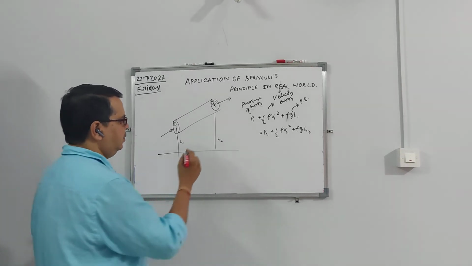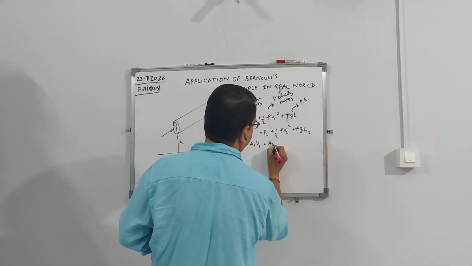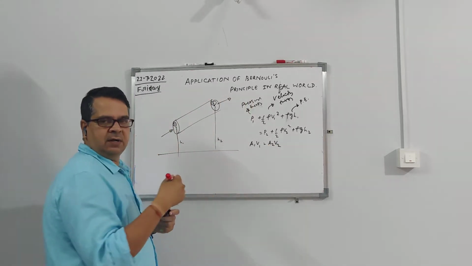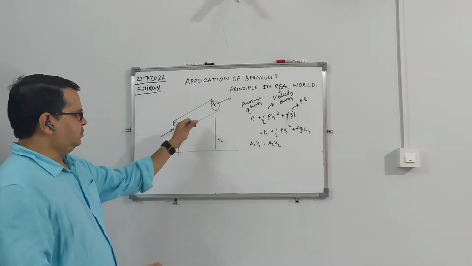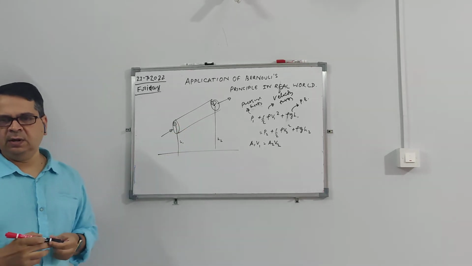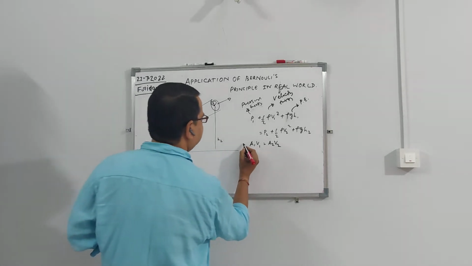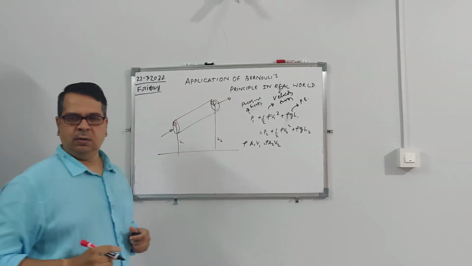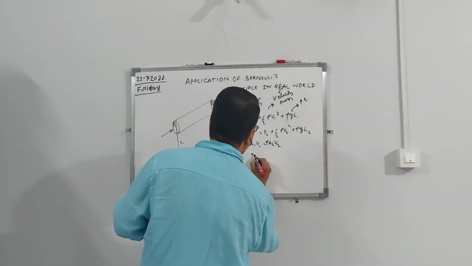And you had the equation of continuity, which is A1 V1 equals A2 V2. This is nothing but volume flow rate. A1 V1 is the volume flow rate. Because we are considering an incompressible fluid here, the density remains constant. So actually it is rho A1 V1 equals rho A2 V2, that is, M1 is equal to M2.